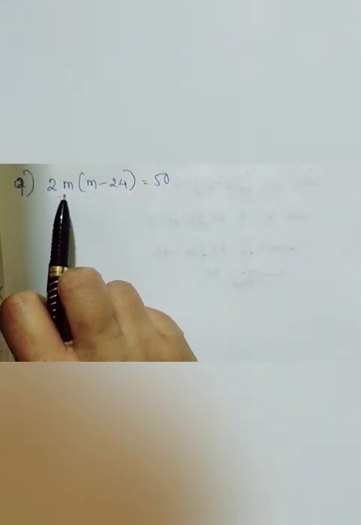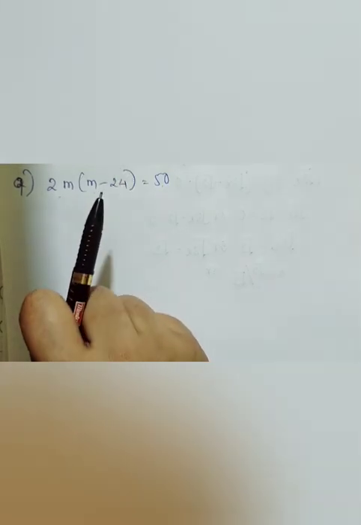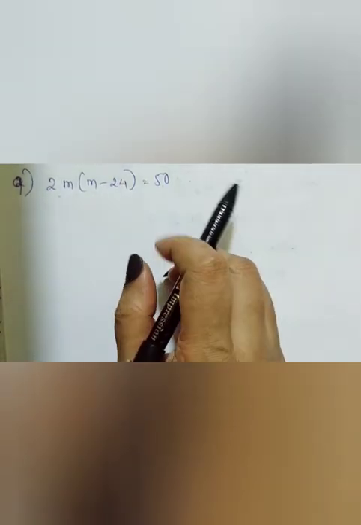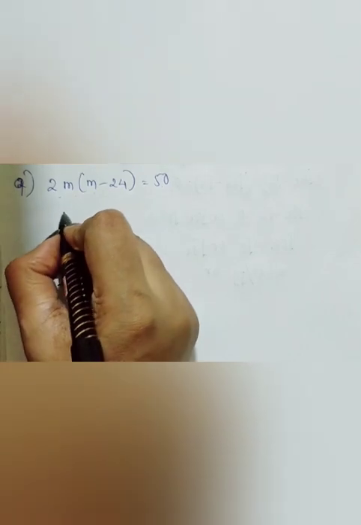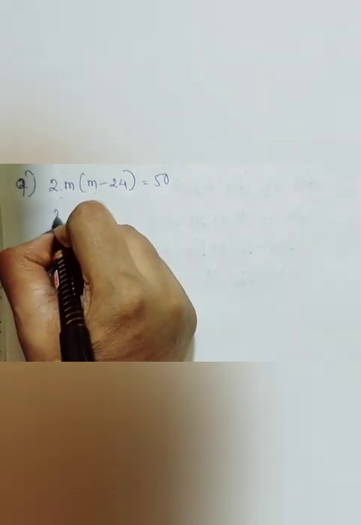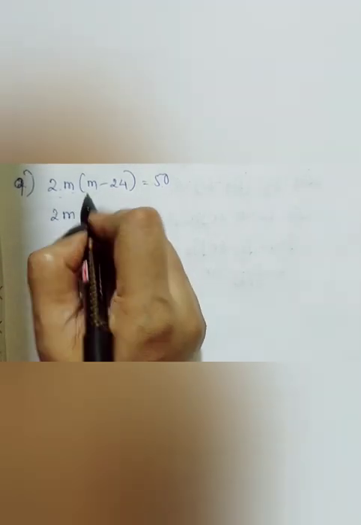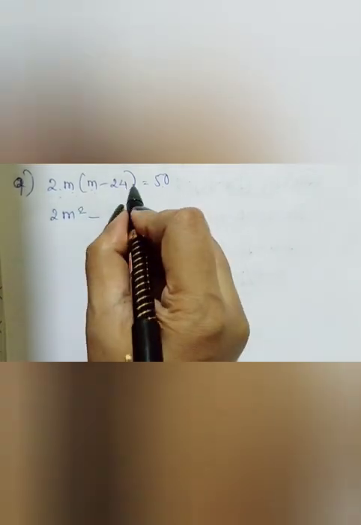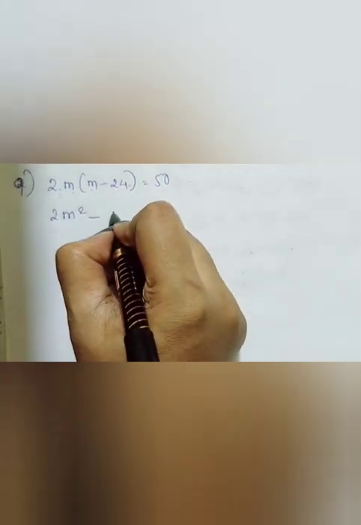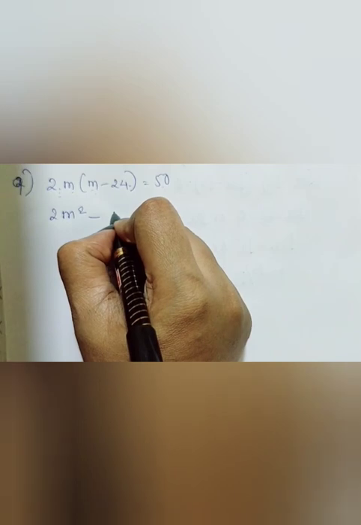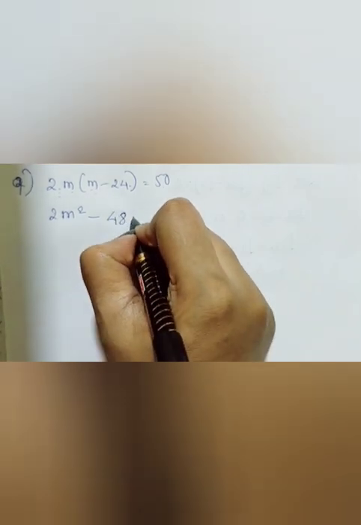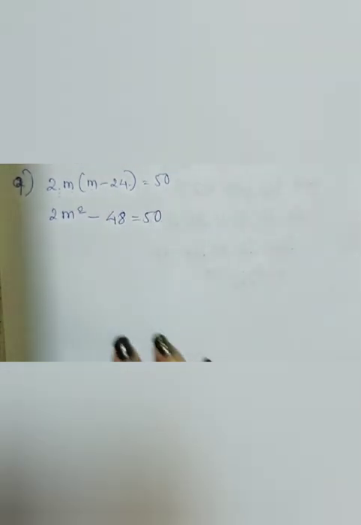First we have to write this in standard form, that is ax square plus bx plus c equal to 0. So first we are going to write this. Multiply 2m, m into m is m square, minus 24 2s are 48, again equal to 50.